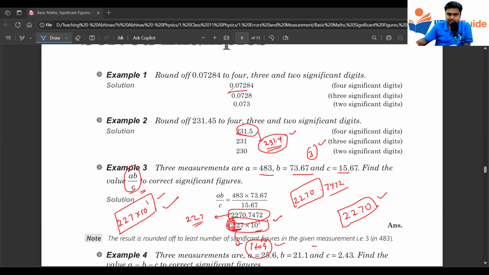For example, this can be written as 7.284 into 10 to the power minus 2. The first digit is between 1 to 9, the rest come after the decimal place, and we put 10 to the power this. The 10 to the power is not counted in significant digits, and the digits combined will be counted as significant figures. Is it clear?